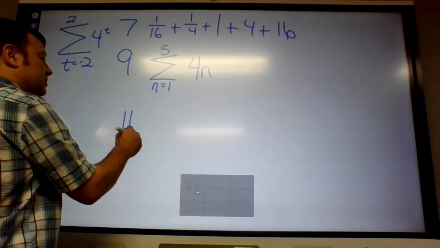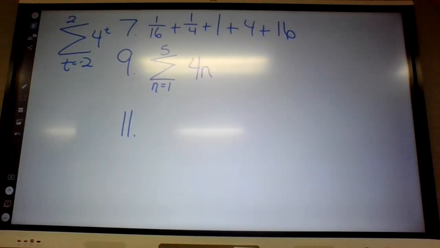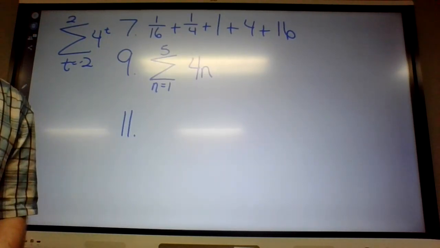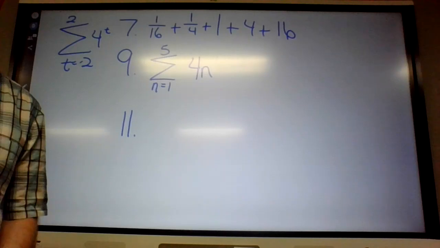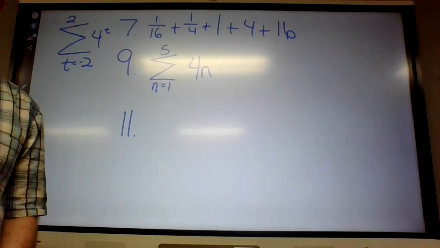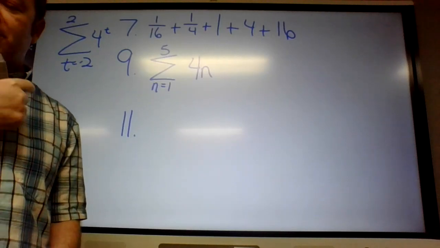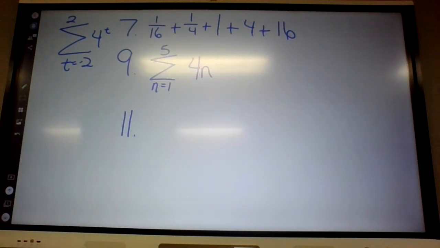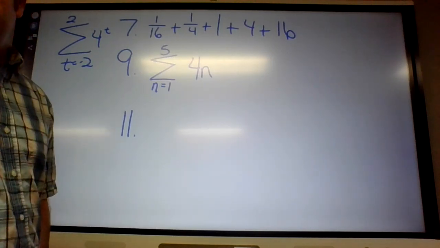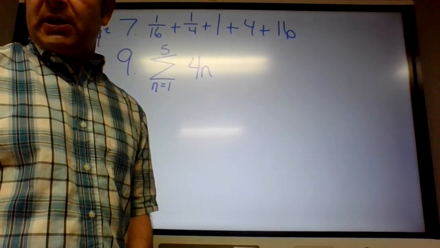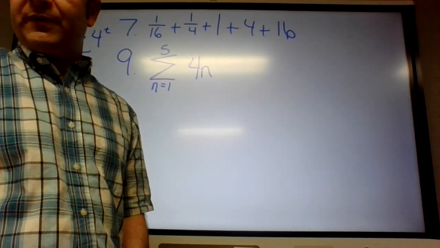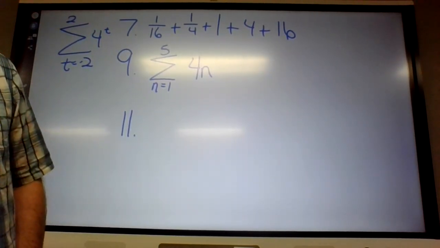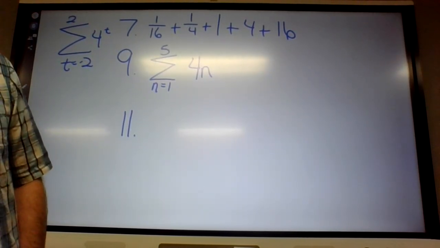Okay. Number 11. What is the pattern? This one is a 5, 9, 13. This is a plus 4 pattern. But instead of starting on 4, we're starting on 5. So, let's see, what's the last term? The last term is 101. 100 is like 25 times 4 plus 1.